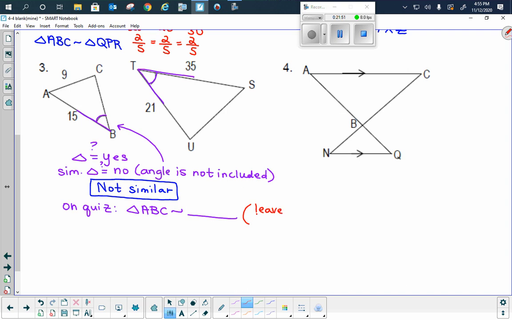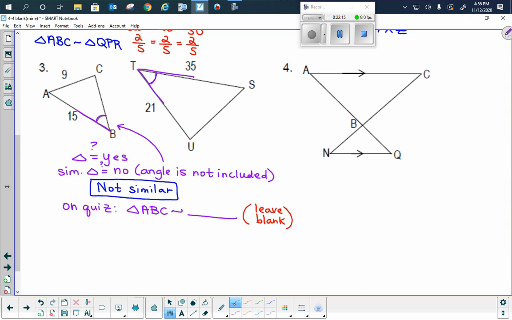It doesn't make any sense for you to say it's not similar and then fill in the part which says triangle ABC is similar to something. That's what that symbol means. So you would simply just leave it blank.